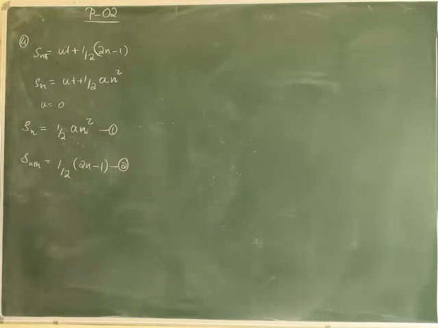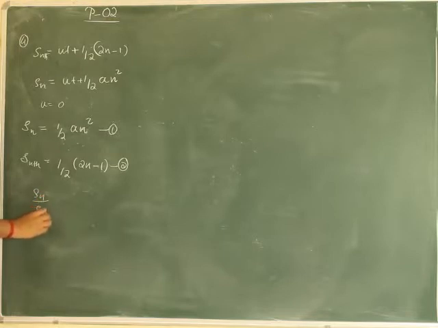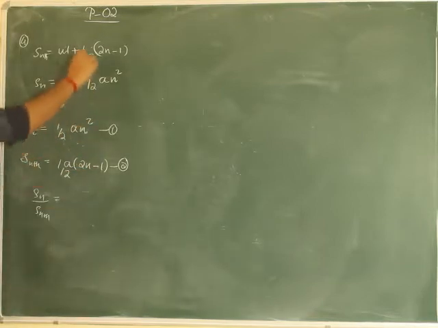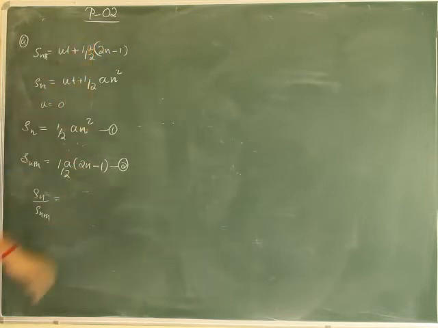Now what they are asking is, we require to find out the ratio of these two. So what is that ratio? Sn divided by Snth is equal to half a n square over half a into 2n minus 1, correct?